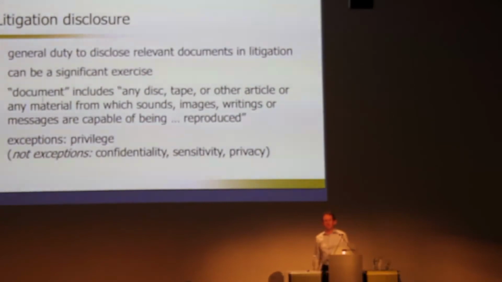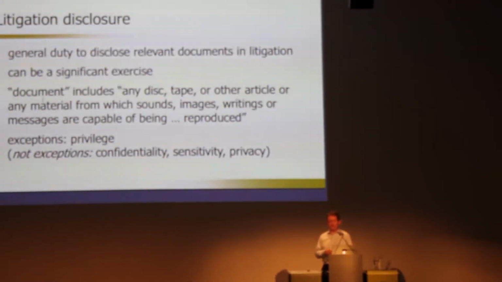Sorry, there's a question at the back. How does that work with email and staff and personal email? Right, so the question was how does that work with emails and particularly personal emails? And the answer is certainly emails can be subject to disclosure because they're documents. And in relation to personal emails, it doesn't matter that they're personal.